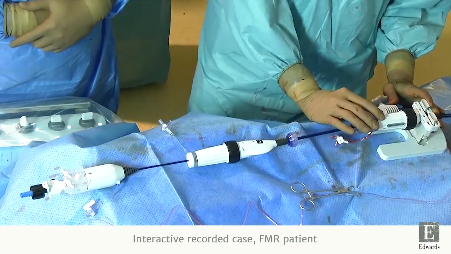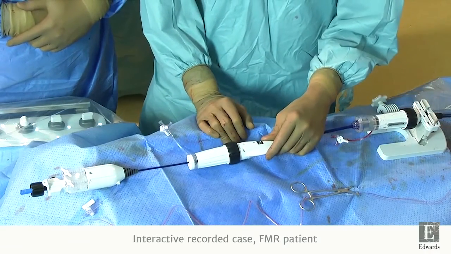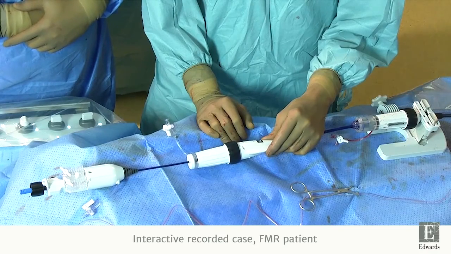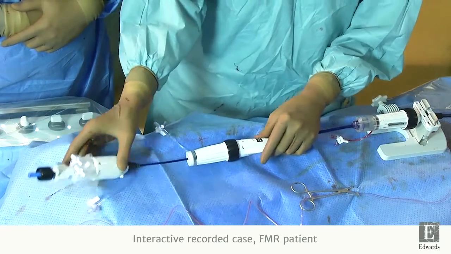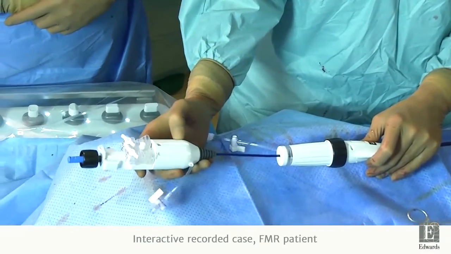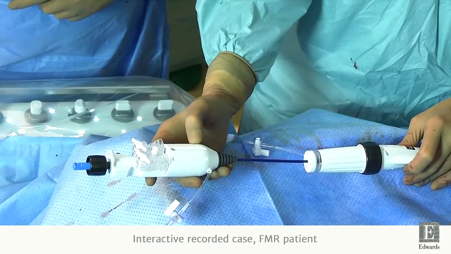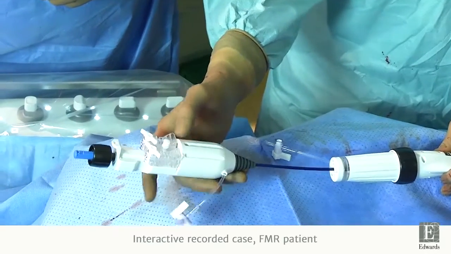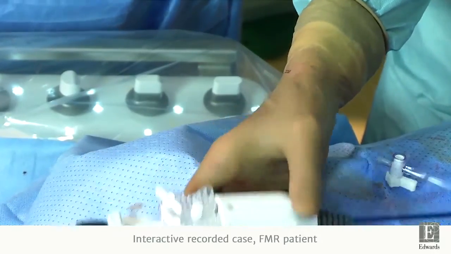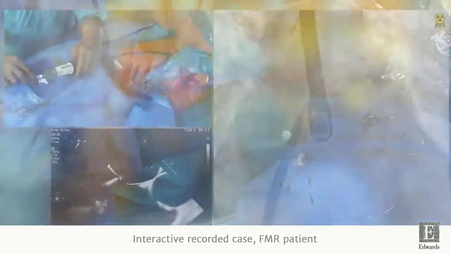Again, you see the 3 components of the system: guiding catheter, the steerable catheter, which allows you to move from anterior to posterior leaflet, and then the implant catheter to steer and maneuver the pedals and the clasps. And at the very end, the actuation knob to open and close the device.